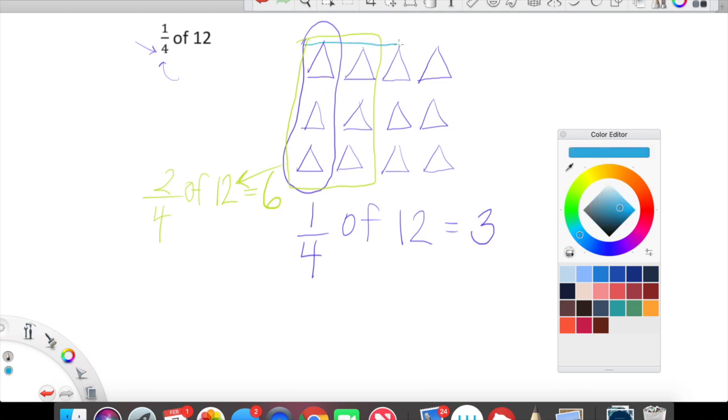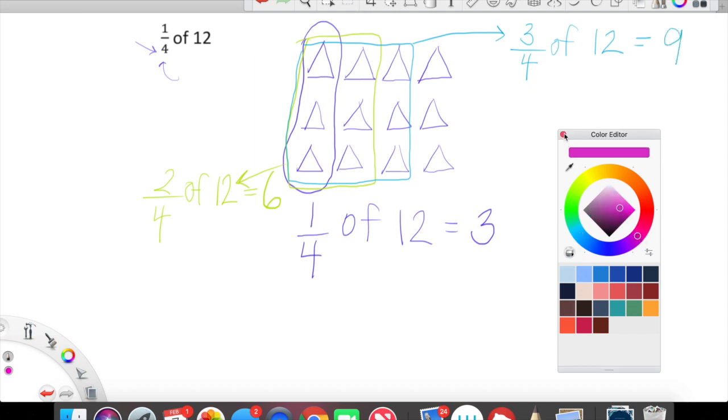What if I wanted to learn more about 3 columns, or 3/4 of 12? The of 12 means 12 total. 3 columns of 12 is equal to how many triangles? Well, 3, 6, 9 triangles.